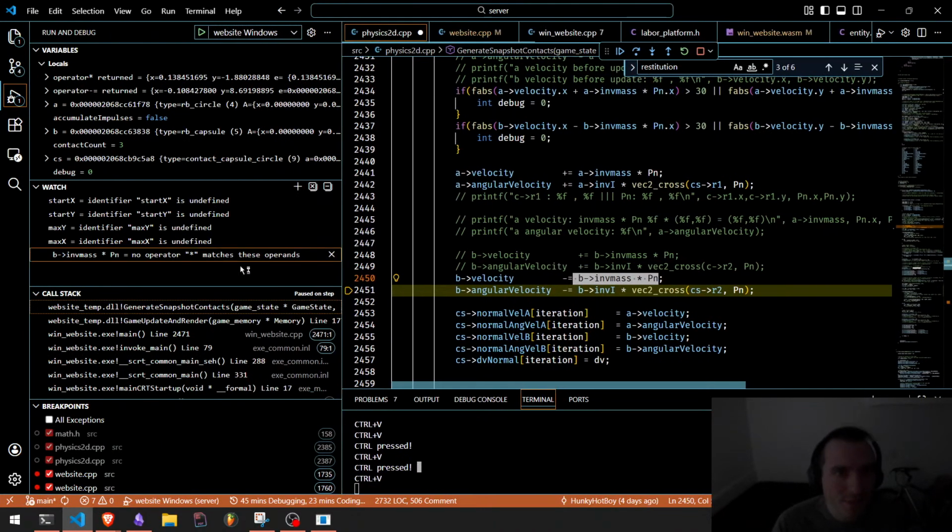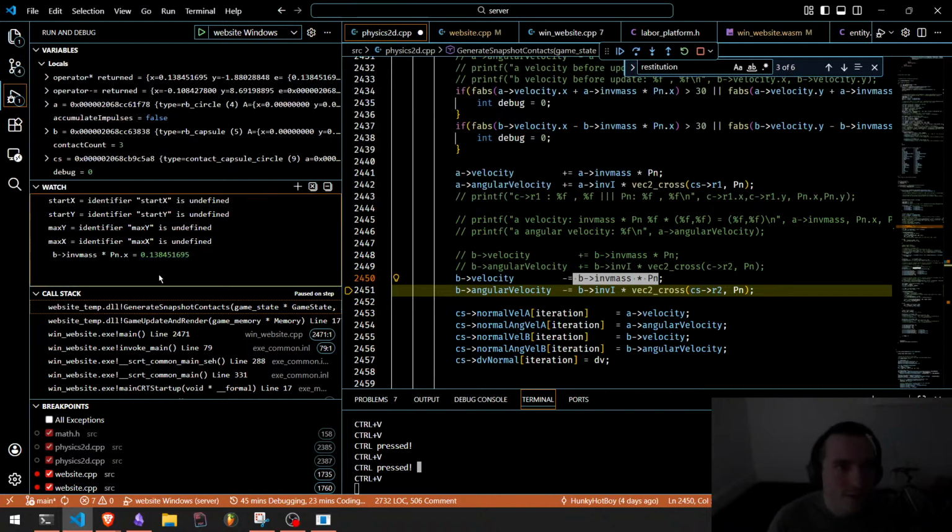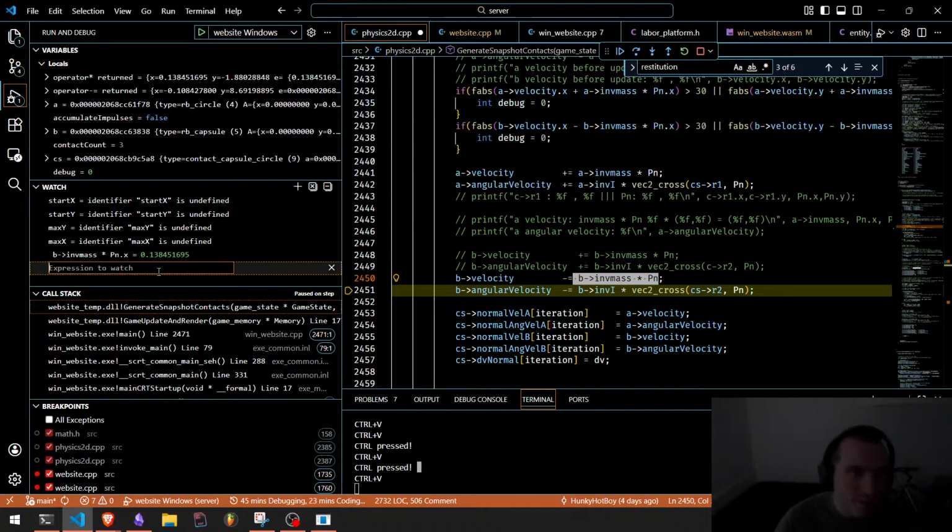No operator star matches operators. That's amazing. Let's do dot X dot Y. Is it some operator issue? Some overloaded operator issue? I don't know why this is happening.